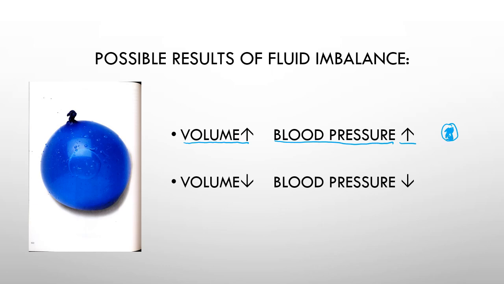So my arrows need to be much bigger and darker in there. And so the pressure has to increase. As it does so, we're typically going to get vasodilation, so that the amount of pressure stays back at normal. But we're going to have a limited ability to continue to do that over time.